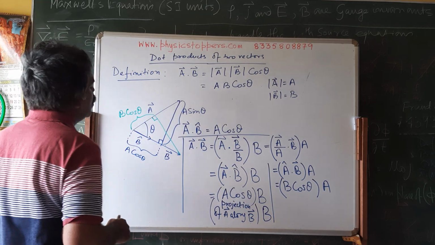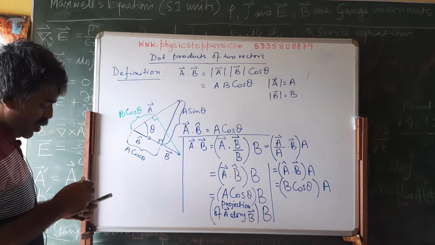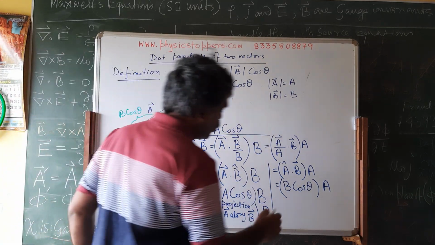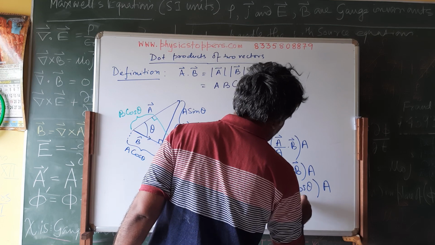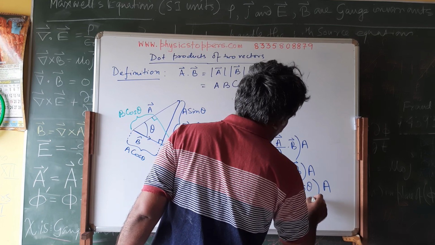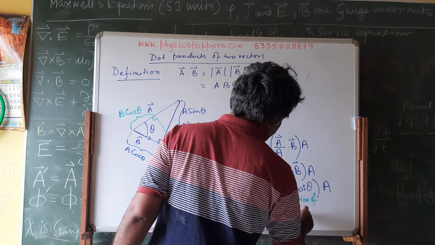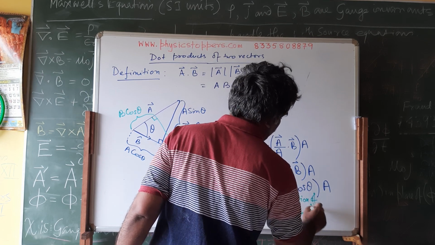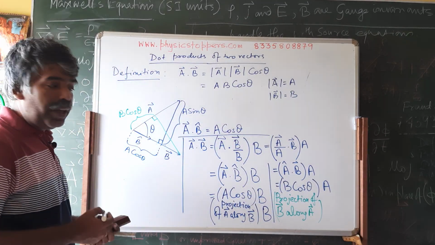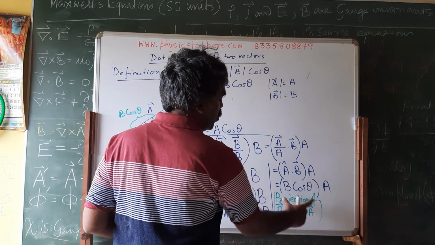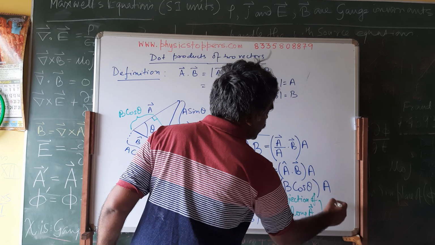So B cos theta is the projection of B along A, times A.